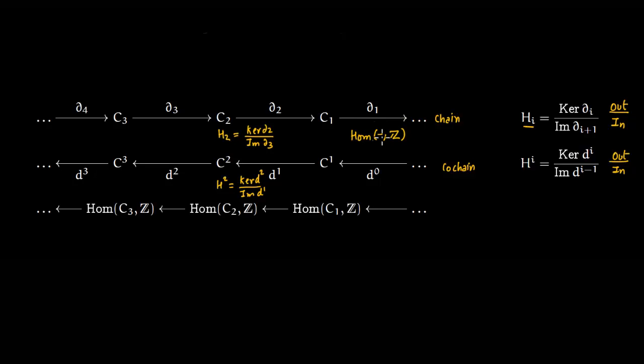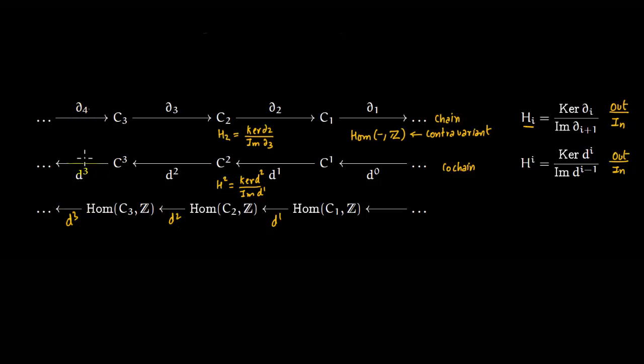Now this functor is contravariant, and therefore it reverses the arrows. So you apply this functor here, it reverses the arrows like this, and these are precisely these maps. So this is our D1, this is our D2, D3.